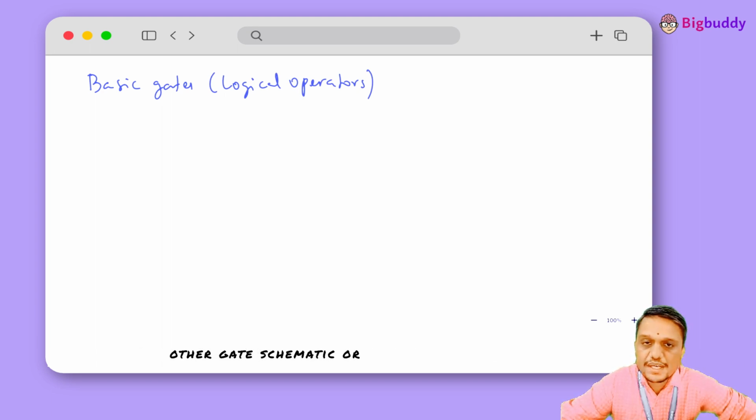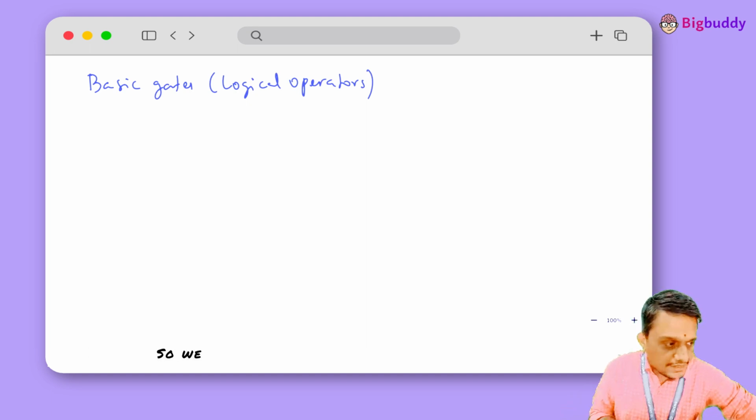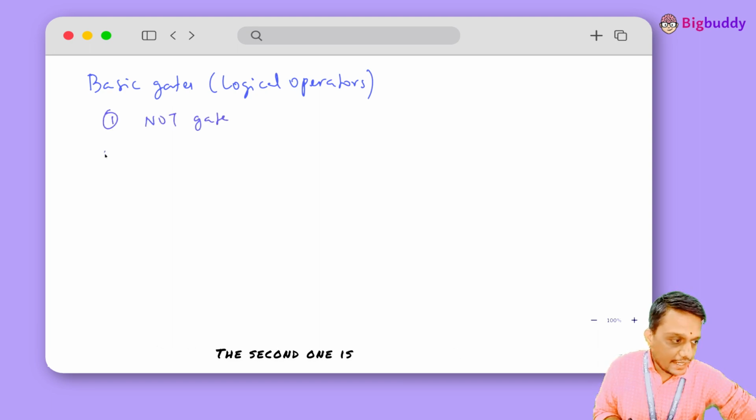So that is why it is called a basic gate. So we have 3 basic gates in logic design. The first one is a NOT gate, the second one is an AND gate, and the third one is an OR gate.